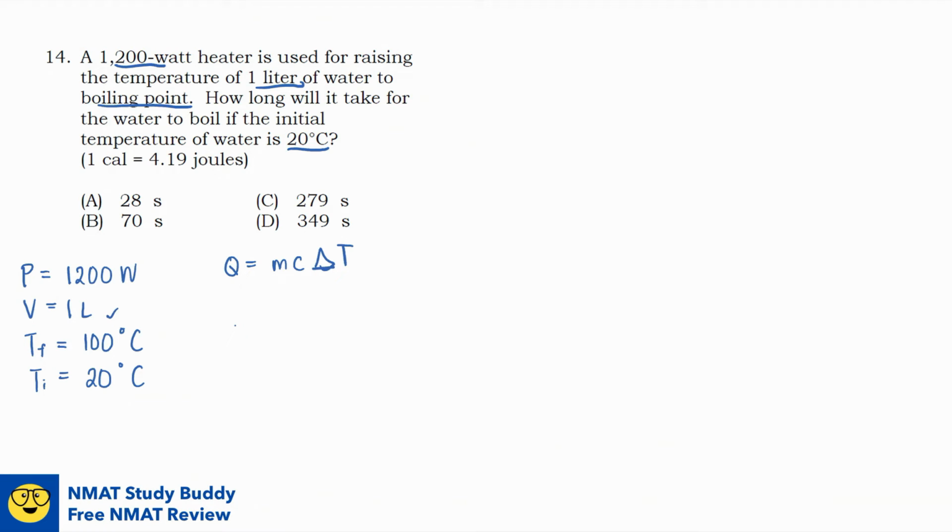So, first, we're going to get the mass. Yung formula ng density is equal to mass over volume. So, yung mass is equal to density times volume. And then, yung density ng water, kailangan kabisado rin natin is 1,000 kilogram per meter cube.